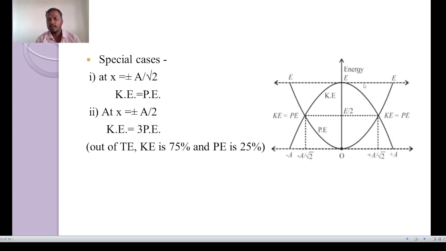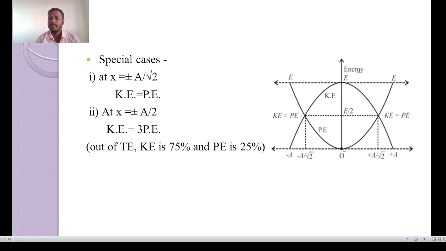This is the graph of the variation of the kinetic energy and potential energy with distance, and this line is the total energy of a particle performing simple harmonic motion, and this line is constant. When the particle moves from extreme position to the mean position, the kinetic energy goes on increasing, but potential energy goes on decreasing.